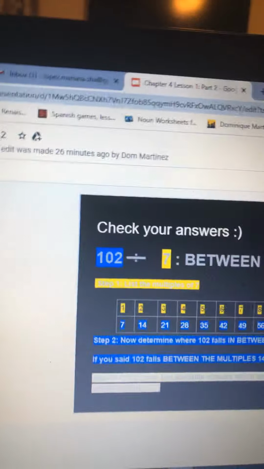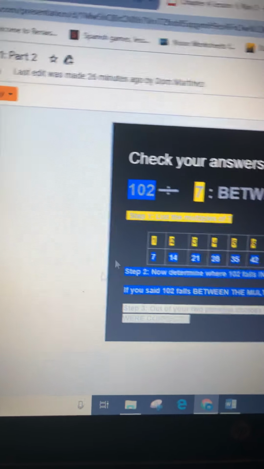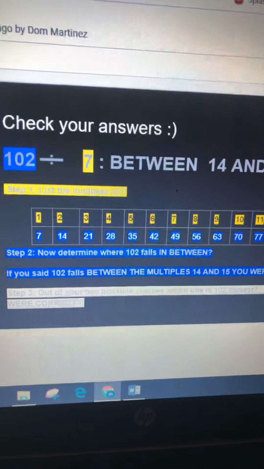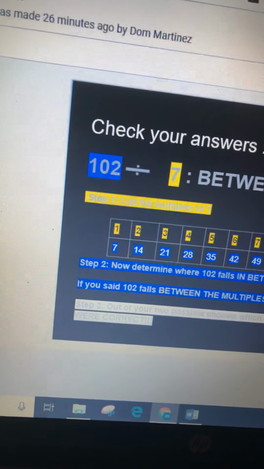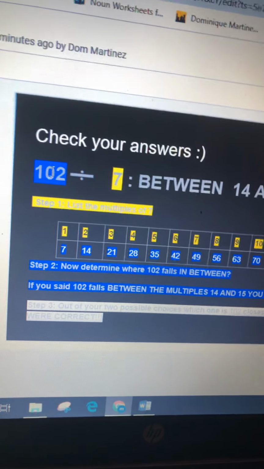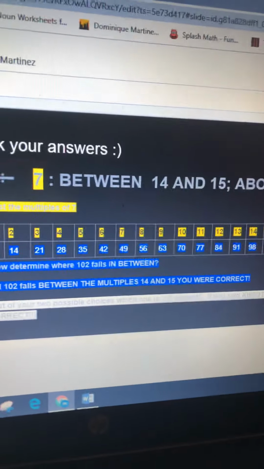Our next problem is going to be problem number 7, and then I'm going to run through these. So 102 divided by 7 is between 14 and 15. It's about 15. We can list the multiples all the way up to 15 and then find which ones it falls in between. Remember, once it goes over 102, you don't really have to keep going.